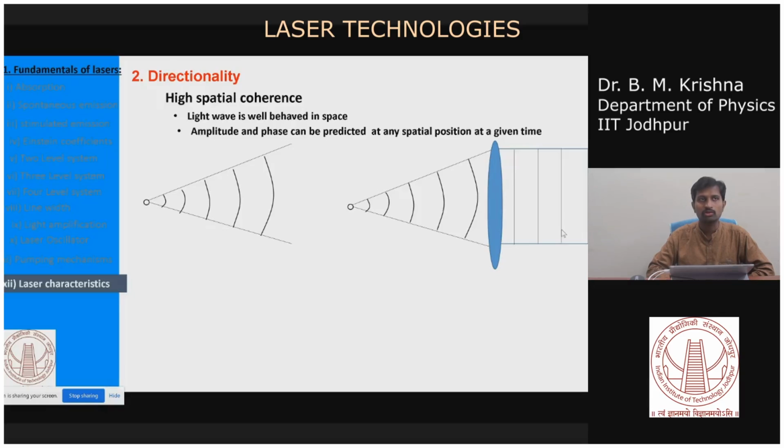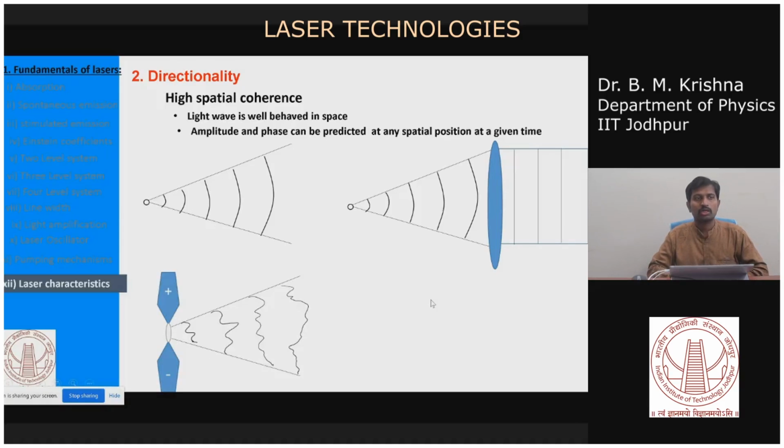Coherence allows you to predict the amplitude and the phase information at any spatial position. Now what about your conventional source? Your wavefronts are highly distorted. If you know the phase and amplitude information here, at later times, even within the wavefront, you cannot get it.